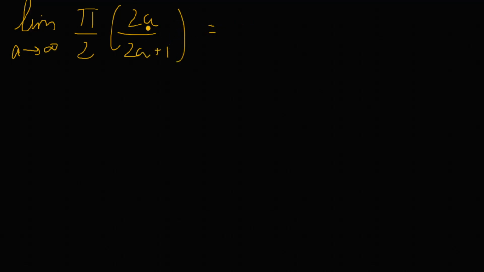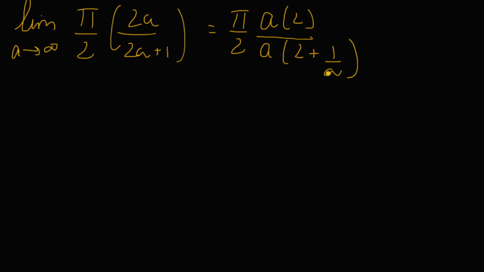Let us take a common, so this function is pi by 2 times a into 2 by a times (2 plus 1 by a). As a tends to infinity, this term right here is going to be 1 by infinity, which is 0. The limit is going to be 0, so we can ignore this term.